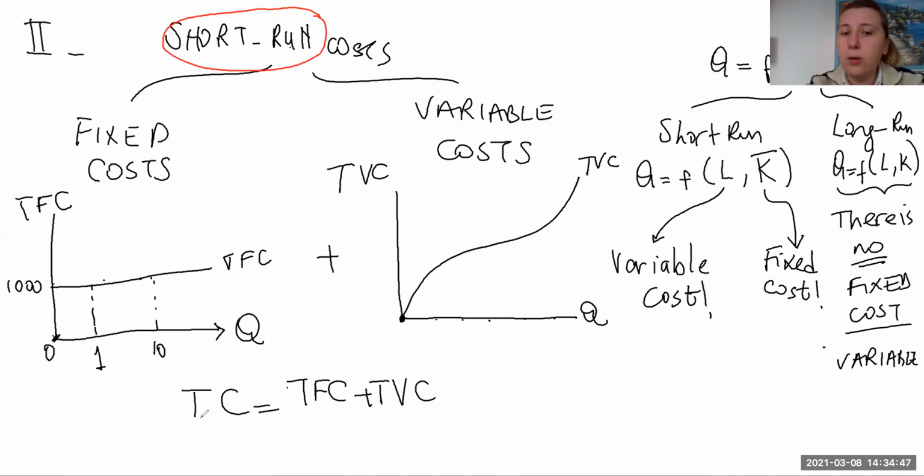When the level of output changes 1 unit, is there any change in the total fixed cost? No, it's fixed, just like its name. There will be no change in the fixed cost, but the only changing thing is the variable cost.